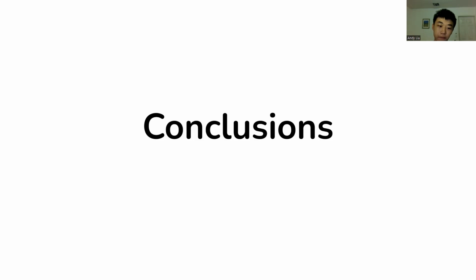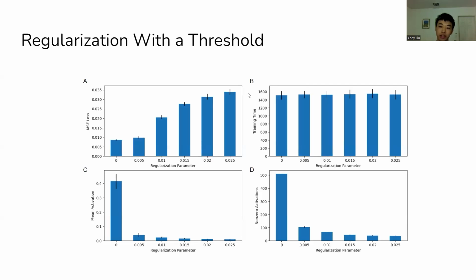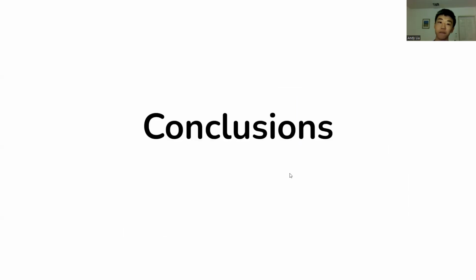Finally, we found that when choosing to apply regularization with a threshold, there is some compromise you have to pick between reconstruction accuracy, as shown in figure A, and our sparsification or compression efficiency.